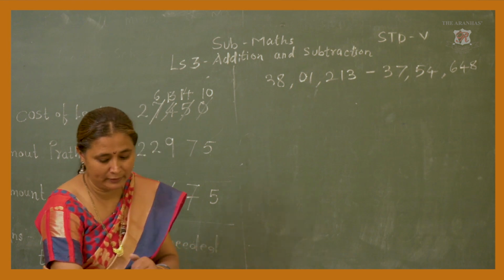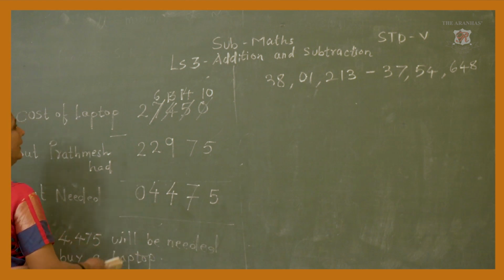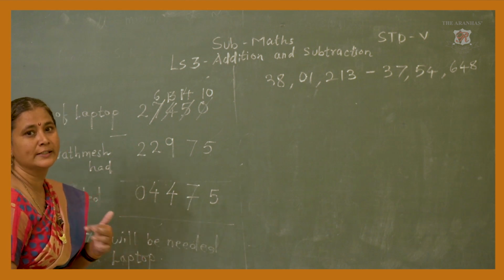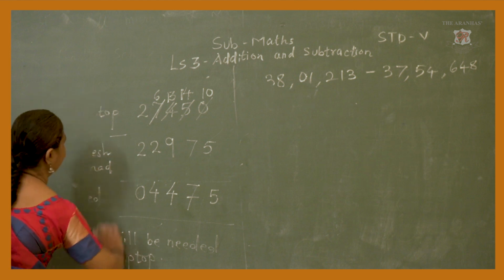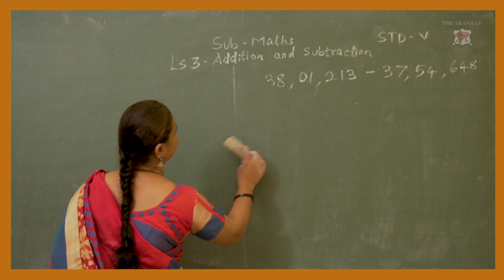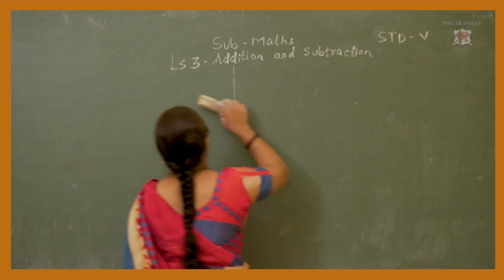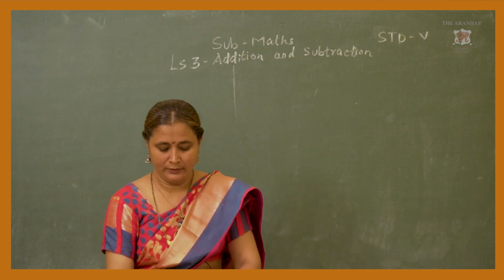Now we have to take a third sum. From that you will understand how to do the subtraction of 6-digit from 6-digit, or 7-digit from 6-digit. Now take the third sum.